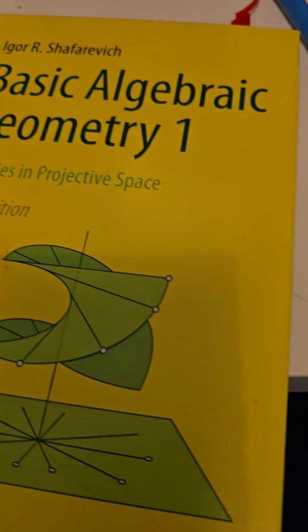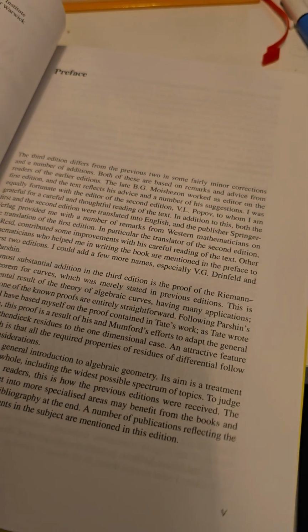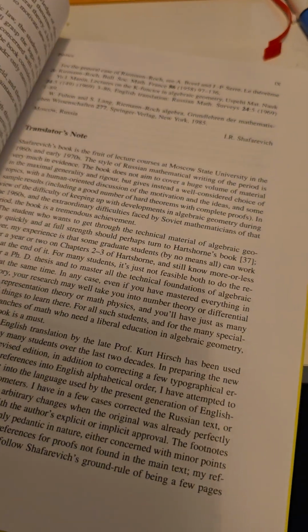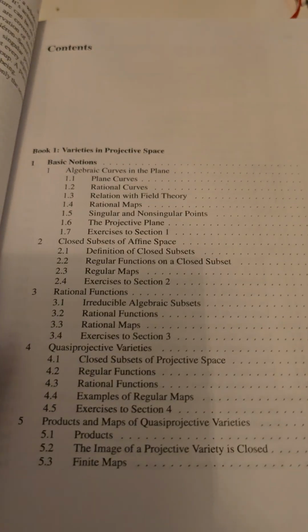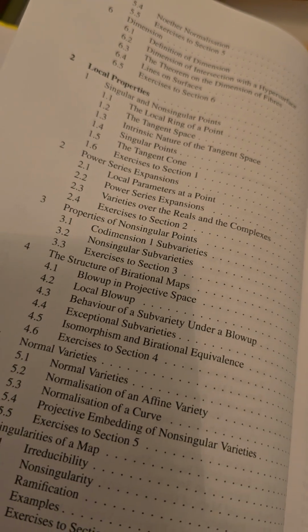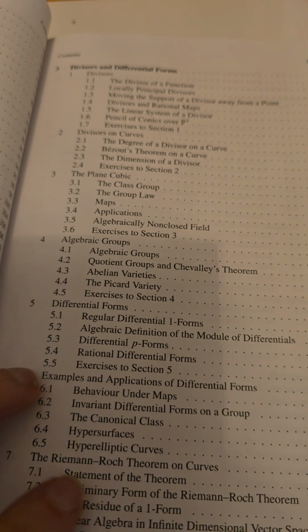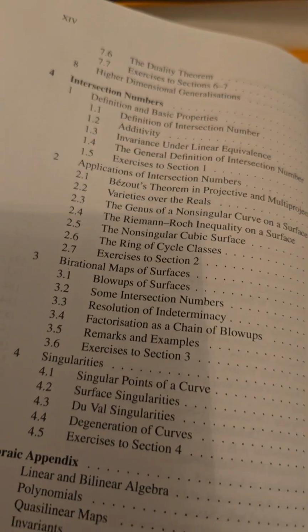Here we have Shafarevich, Basic Algebraic Geometry, Varieties in Projective Space. Again, this is a book I got during my PhD. And it covers basic notions, so rational functions, projective varieties, quasi-projective varieties, local properties, blow-ups, normal varieties, singularities, algebraic groups, plane cubics, divisors, differential forms, intersection numbers, algebraic appendix.